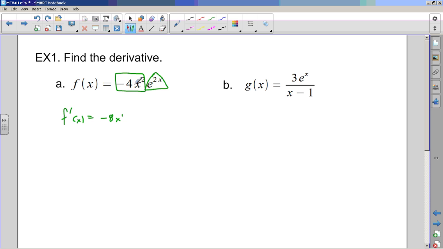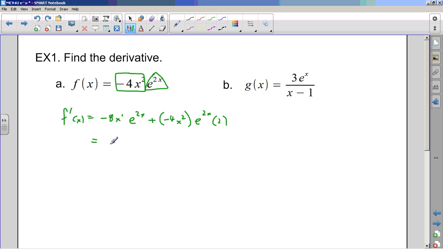Exponent comes down, 2 gets multiplied by 4, and then I'm going to write down the second thing, plus write down the first thing. Now, maybe I should have just decided on one sign, which was a minus there. That's okay. Then the derivative of this is just this, right? The derivative of e to the exponent blah is just e to the exponent blah. But here I've got to take the derivative of the inside thing. The derivative of 2x is just 2.